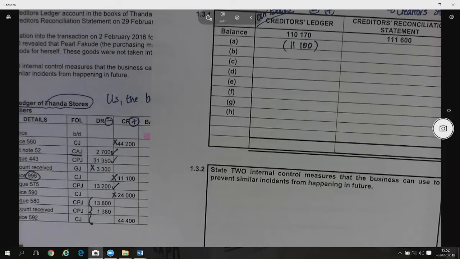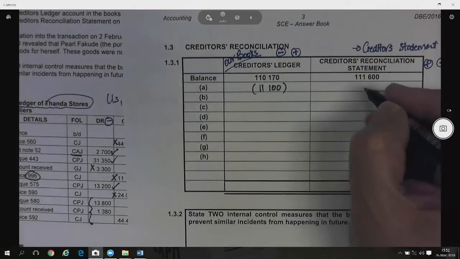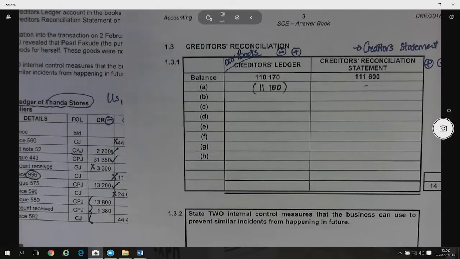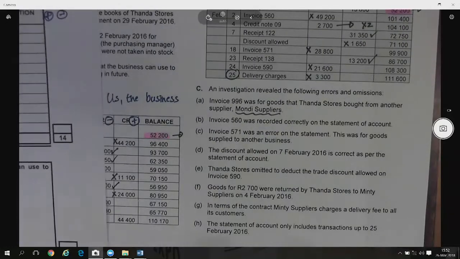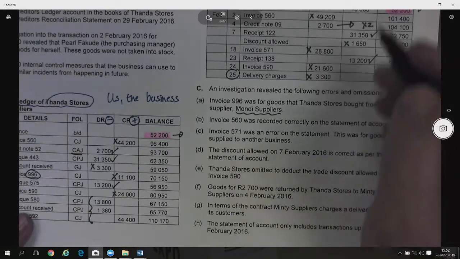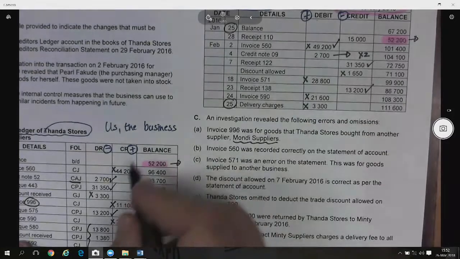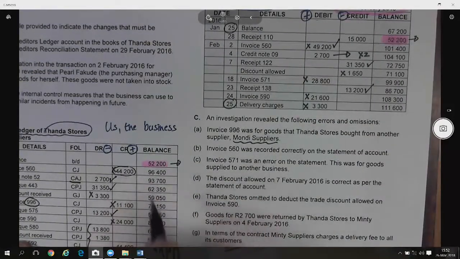account. Number B. Please stick to A, B, so you can make a little tick there because there was nothing there. Number B. Invoice 560 was correctly recorded on the statement. So remember 560. So this one is correct and this one is wrong.